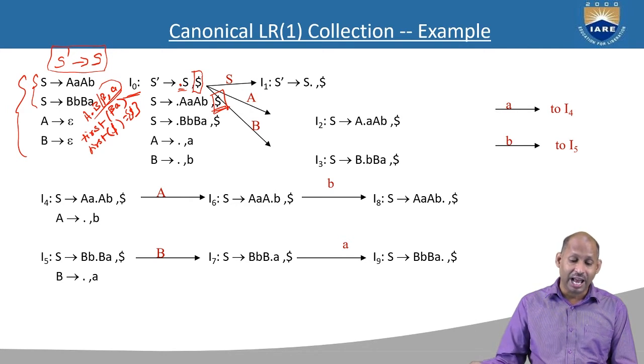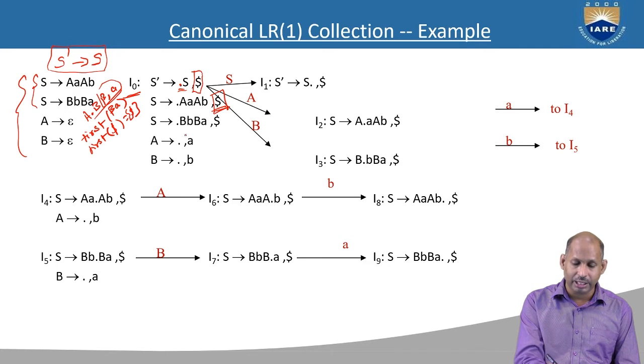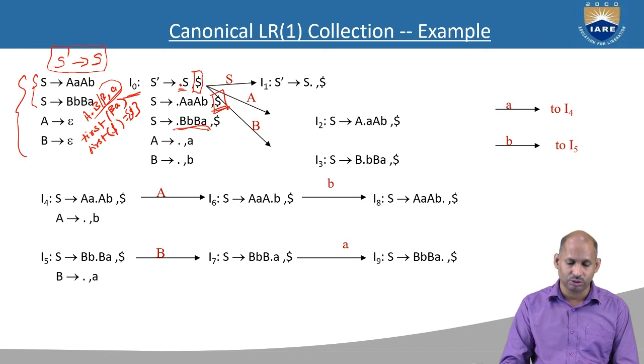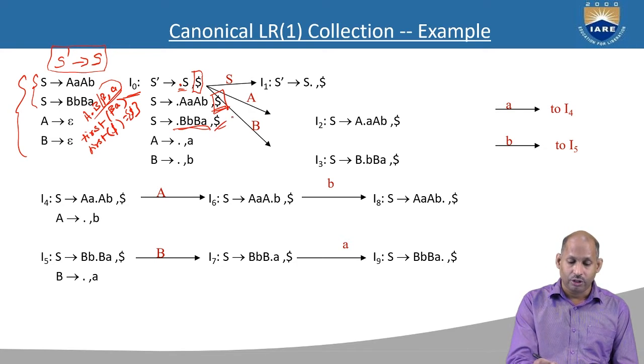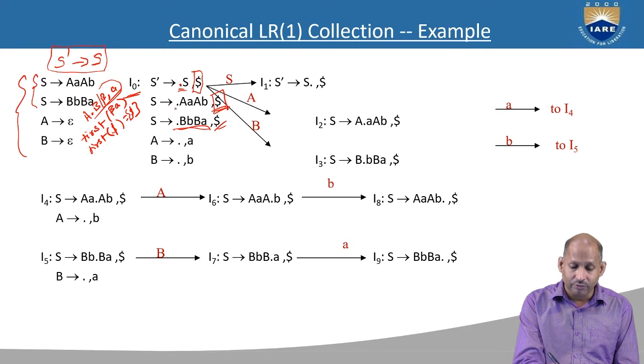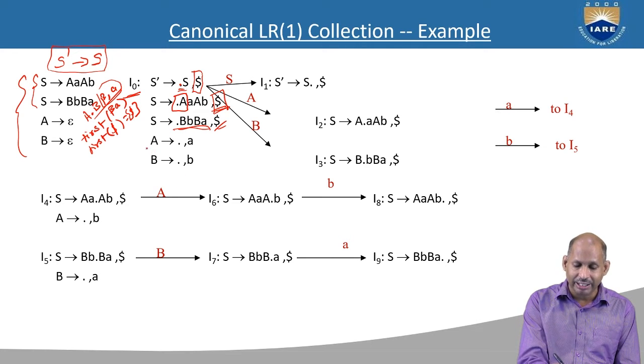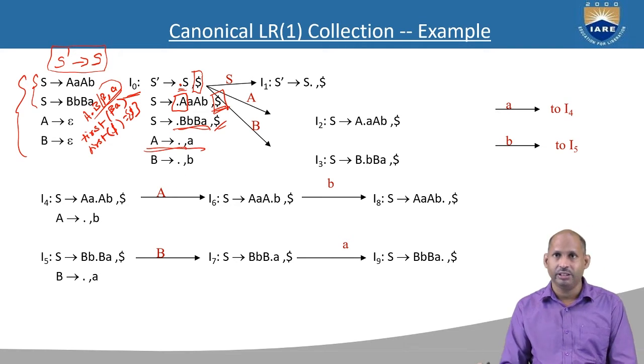Then S has another production, so simply add the other production also. Then it will also be dollar sign. Now, if we observe dot followed by capital A, so add A production.